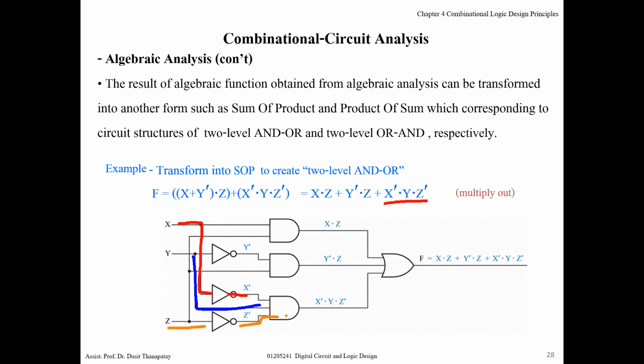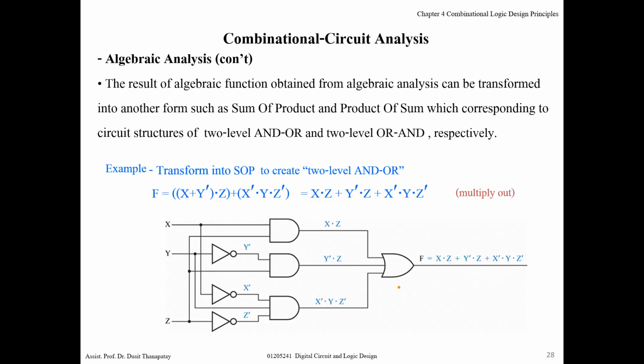And these three terms are ORed all together. So you get a two-level AND-OR. The first level is AND, the second level is OR.